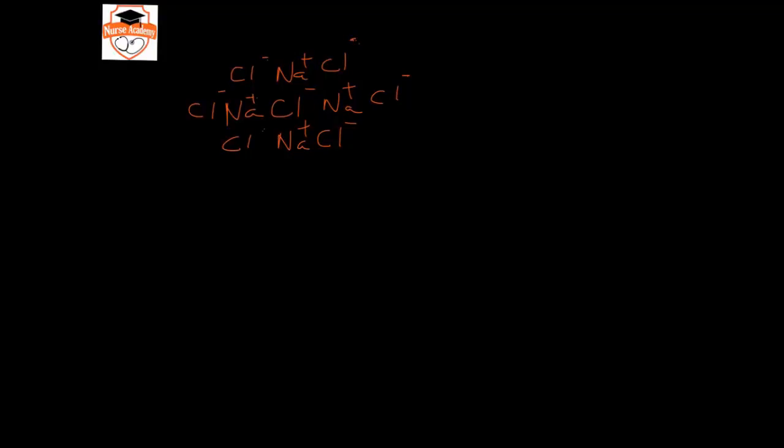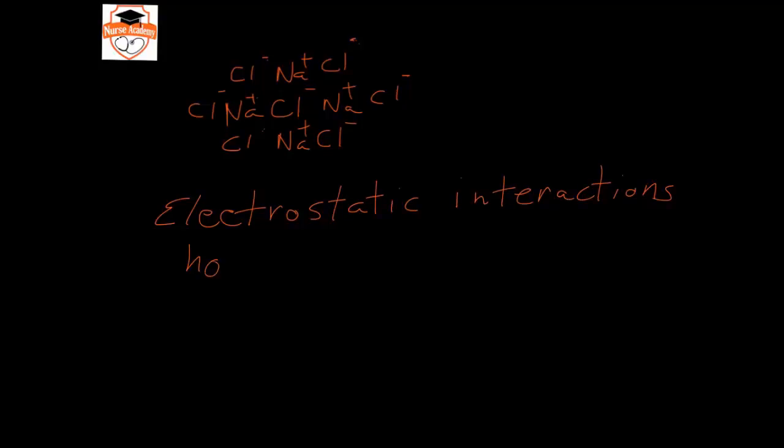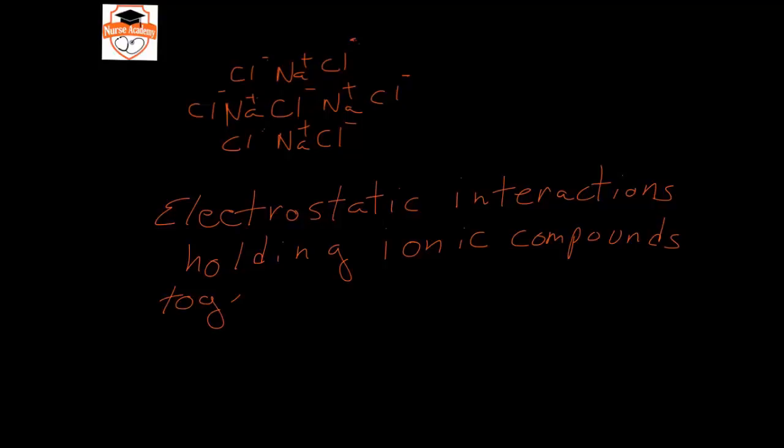This is by nature a polar system forming these solids because you have electrostatic interactions holding these crystals together. And that's what causes these types of compounds to be mostly solids, except at extremely high temperatures.